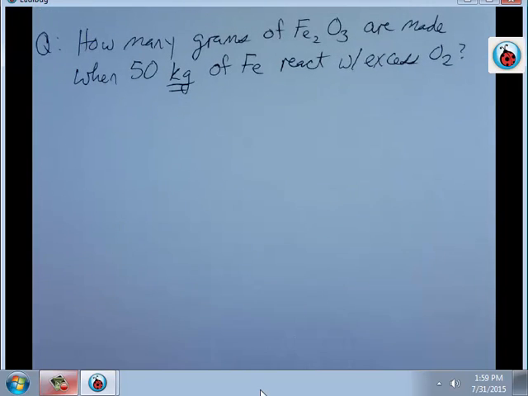Alright, so how many grams of Fe2O3 are made when 50 kilograms of Fe react with excess O2?